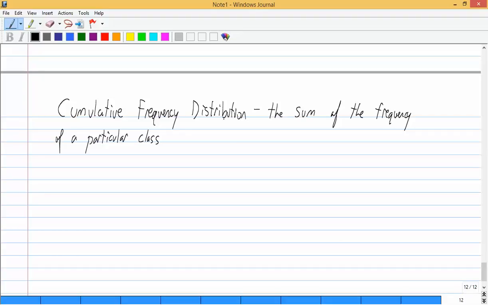So a cumulative frequency distribution is the sum of the frequency of a particular class and all preceding classes.